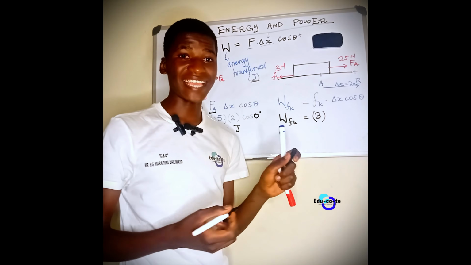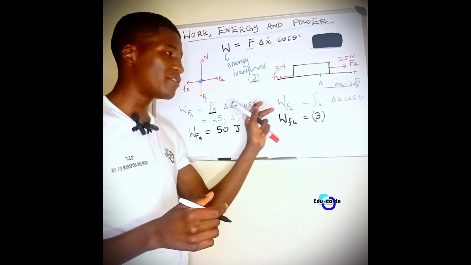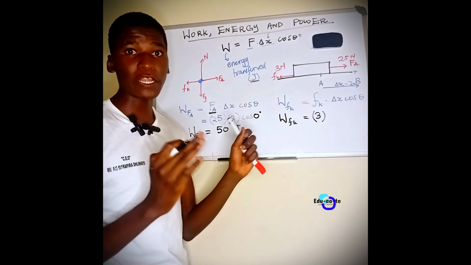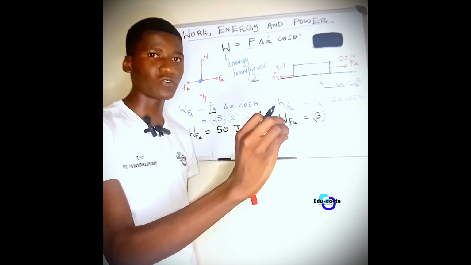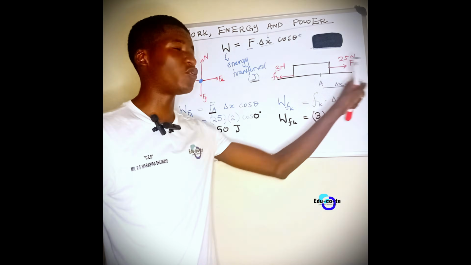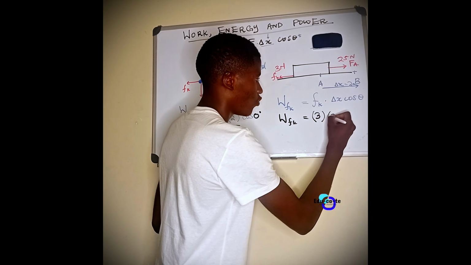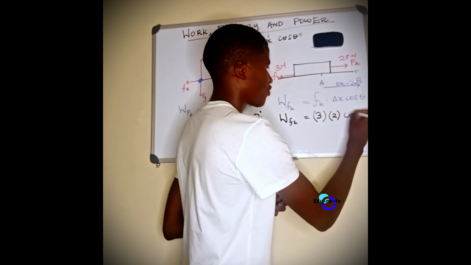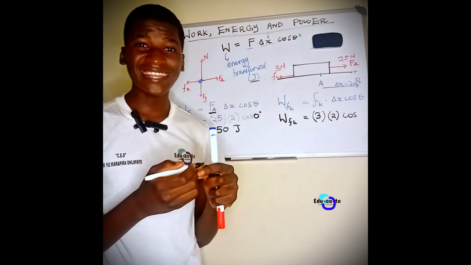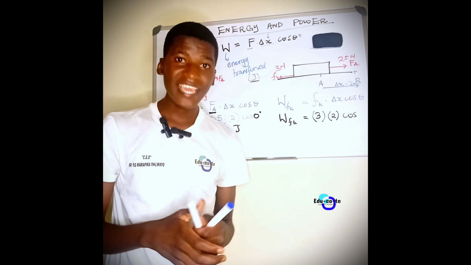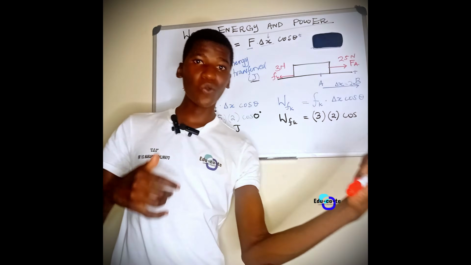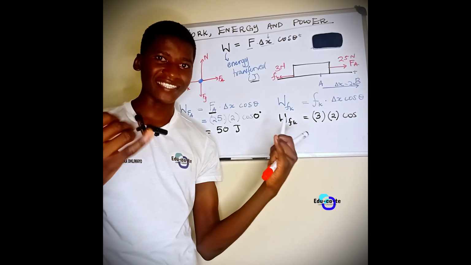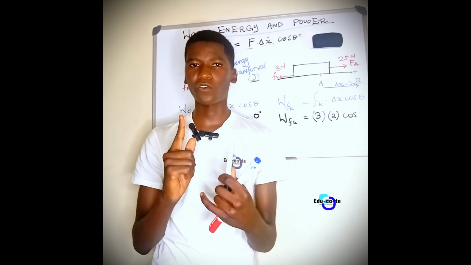And then delta x is the displacement. In this case, we are still using the displacement because we're evaluating the work done by the frictional force as the object moves from A to B, which is a displacement of 2 meters. So there's no need to use a different one. And then this is cos of. Remember, I've said that theta has two possibilities: 0 degrees or 180 degrees, depending on the direction of the force.